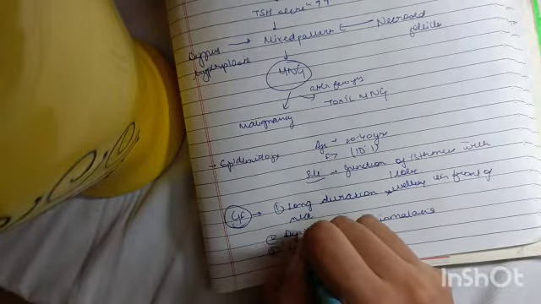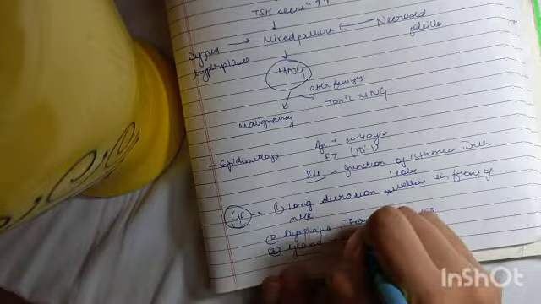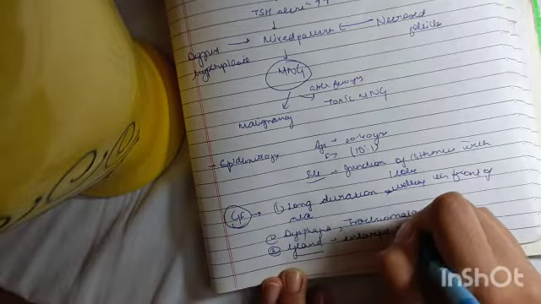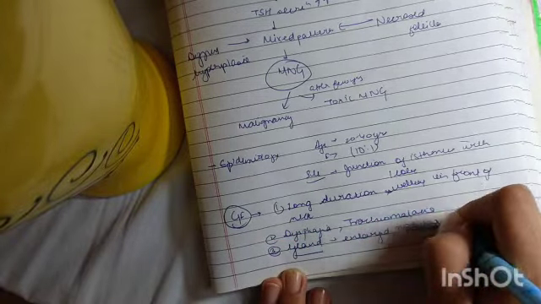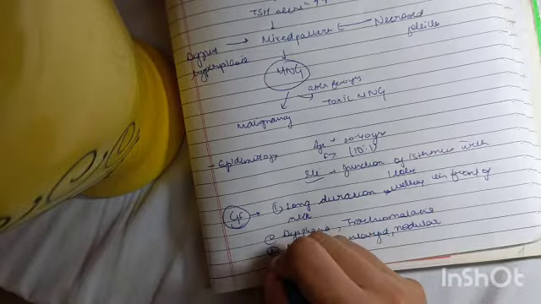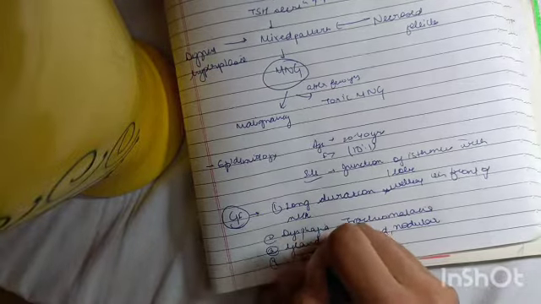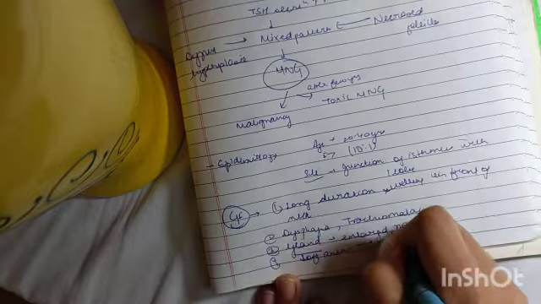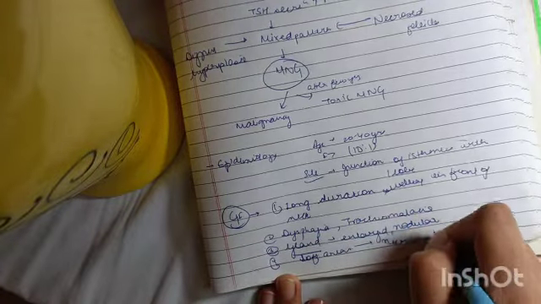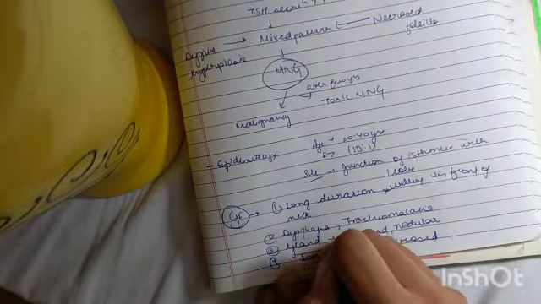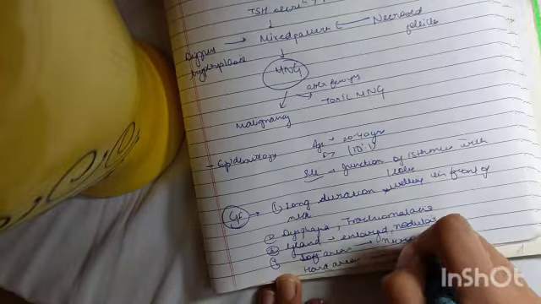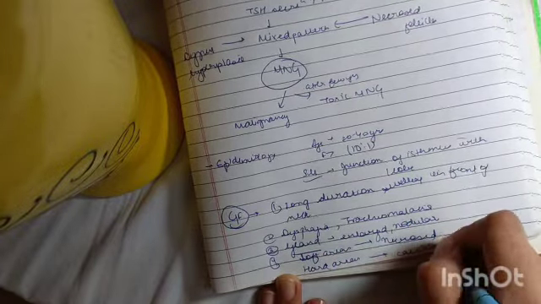Also the gland is enlarged and nodular. The soft areas are necrosed areas, and the hard areas are calcified areas.